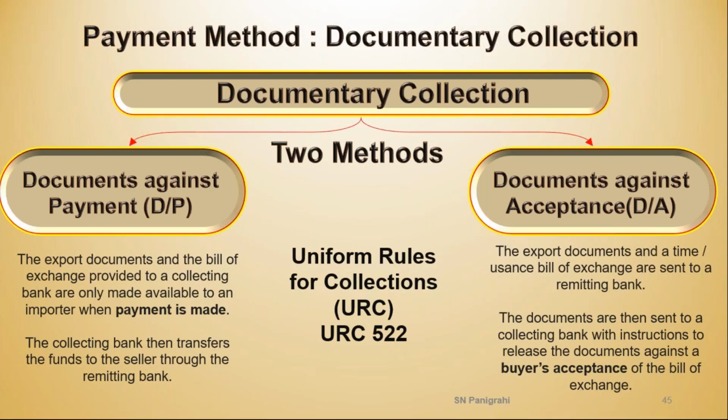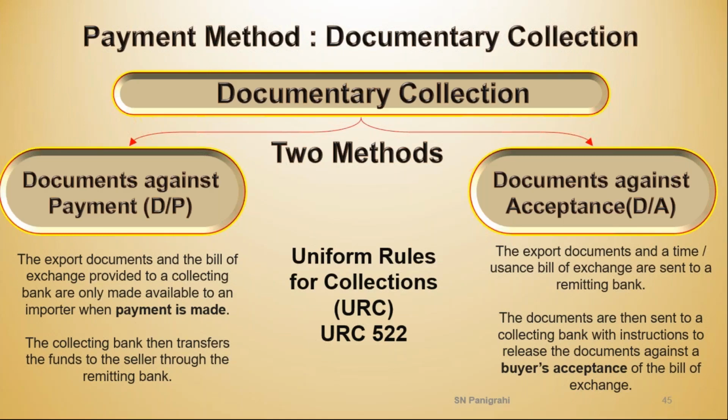The other form is documents against acceptance. Documents against acceptance means a certain credit is extended. For example, with 45 days, the importer makes a declaration to the bank that on the due date, say 45 days, he will make the payment to the bank.